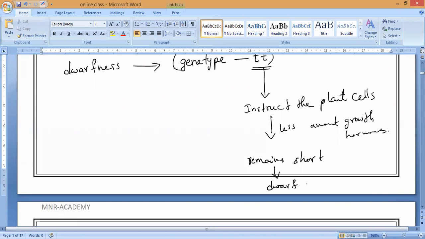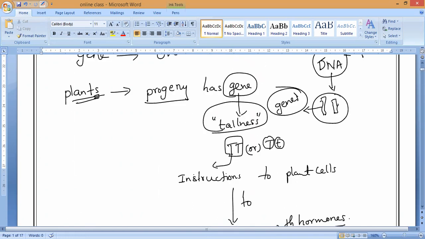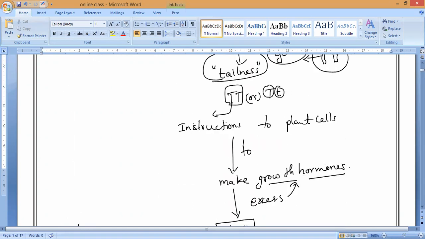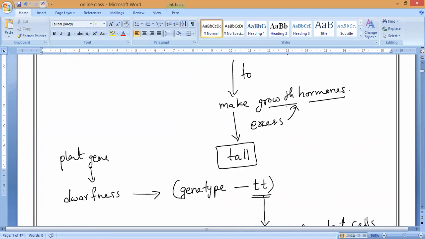So that is what happens. Whatever gene is present, if it is related to tallness, it will instruct the plant cells to make more growth hormones, so that due to the excess of growth hormones, the plant will grow too much and become a tall plant.